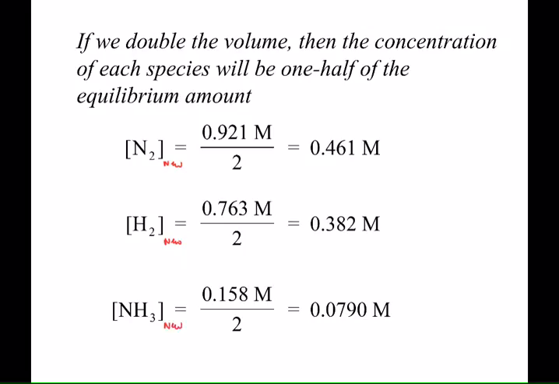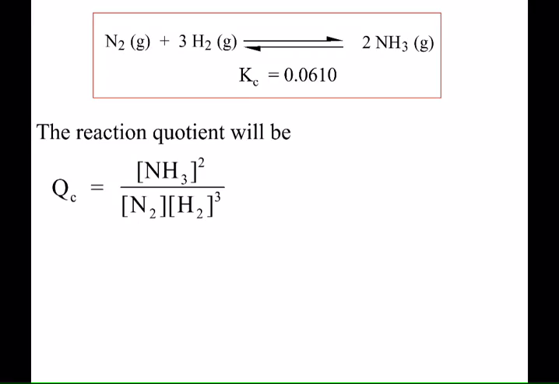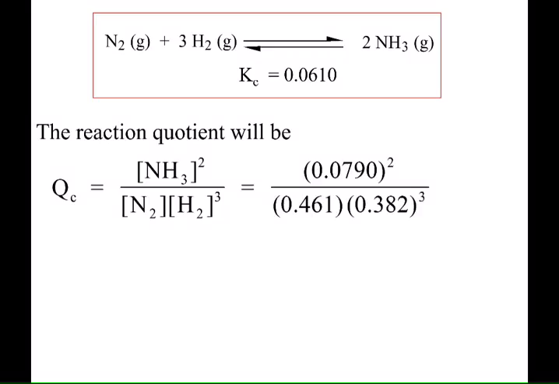So how can we see if the system's now out of equilibrium? How can we take those new concentrations? Plug them into Q and compare to K, exactly. So Q is our snapshot, our reaction quotient.